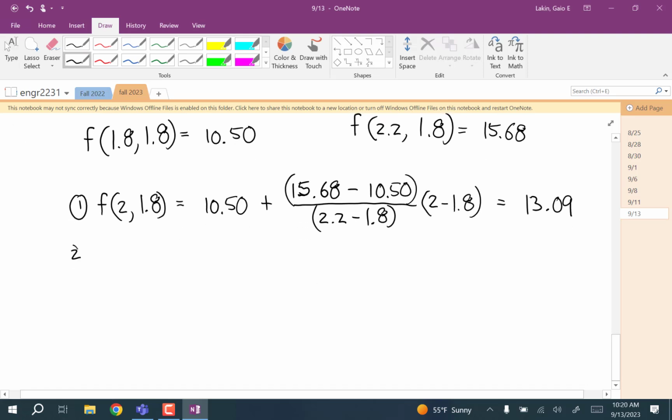Now for the second step, we're going to go f at an x value of 2, and a y value of 2.2.